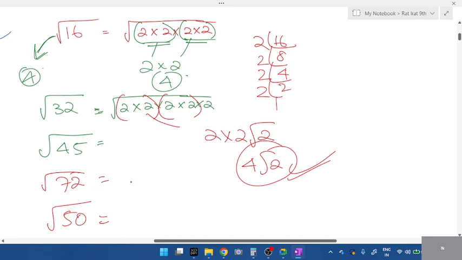Complete these three. Write it, students. Don't waste your time. Complete it.